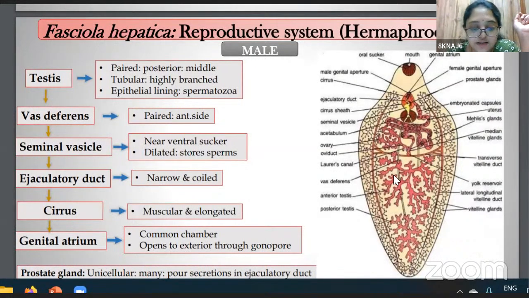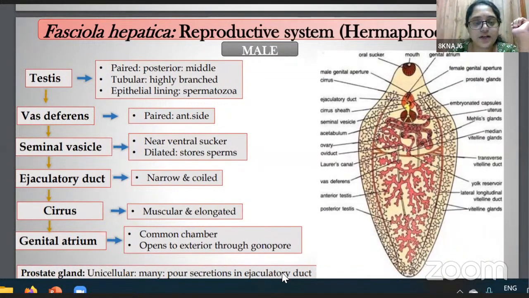In fact, they open into the junction of the oviduct, median vitelline duct, and the uterus. The secretion of the Mehlis glands helps in the lubrication of the eggs, so that the eggs can go up to the female genital aperture. They also help in activating the spermatozoa, and they also help in hardening the eggshell.